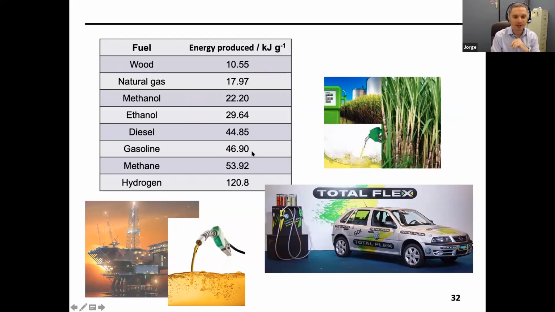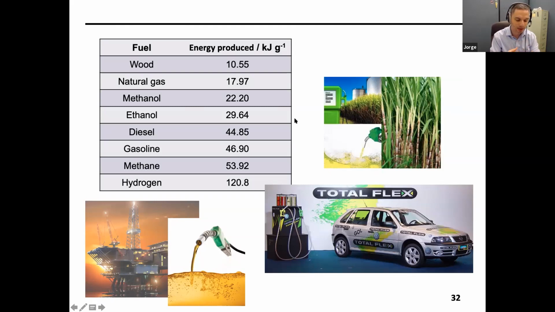If we look here at gas, it produces a fair amount of energy. And the alternatives for gas, for example, ethanol, that produces much less energy per gram of fuel that's burned. Okay, so ethanol, that's a very popular fuel back in Brazil. So we have their cars that are labeled Total Flex, so they can run on gas and or ethanol or a mixture of these two fuels.